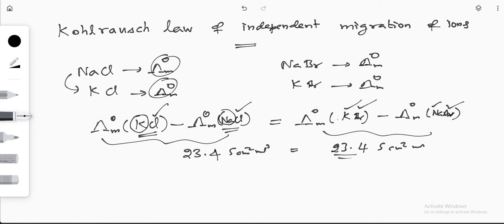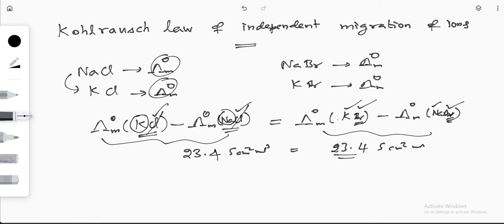That means the chloride ion on the left hand side, its conductivity should be the same, so they cancel. Similarly, the bromide ion from potassium bromide and from sodium bromide; at infinite dilution these values are also the same, so they get cancelled.